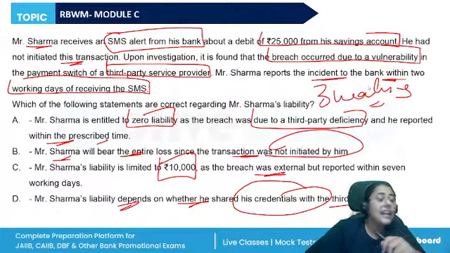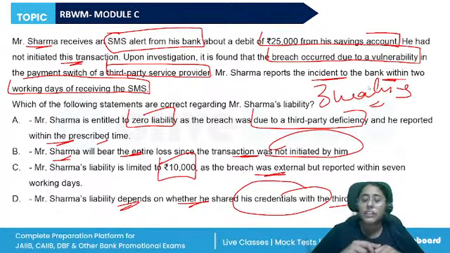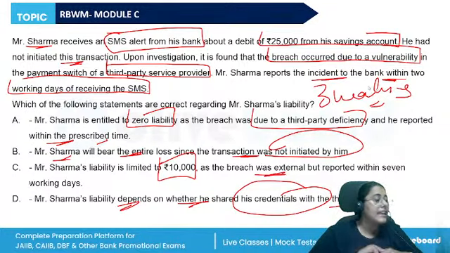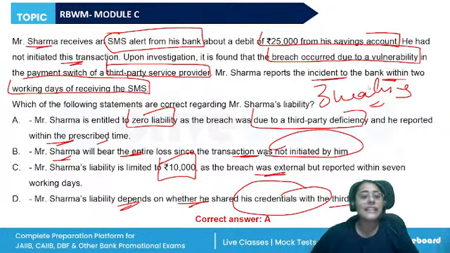So, in this scenario, it is a third party breach and the customer reported to the bank within 2 working days. So, there will be zero liability. All right, Mr. Sharma will bear zero liability. It will be borne by the bank and it can be recovered from the third party. All right, clear?